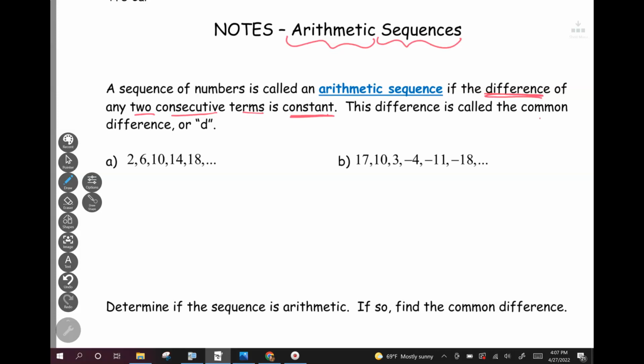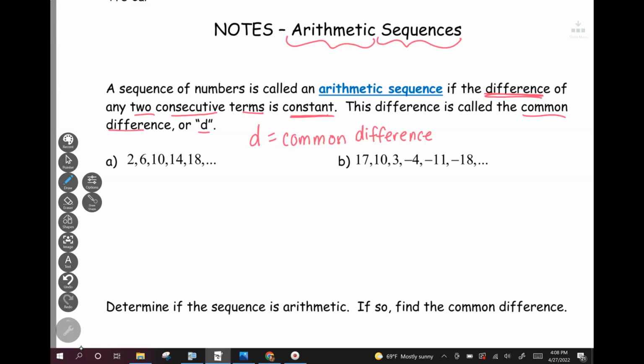This difference is called the common difference, D. So we're going to use the letter D a lot for arithmetic sequences, and that D represents the common difference, which is the number that you're adding or subtracting to get from one term to the next.